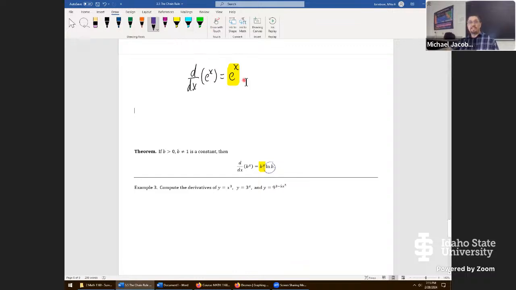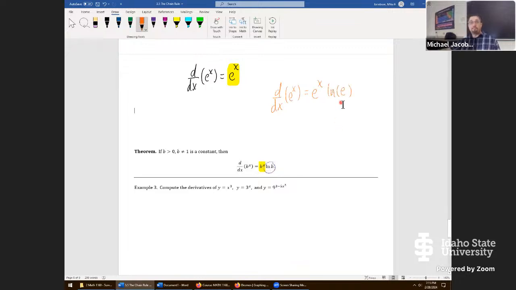Why did we never have to do that here? In a certain sense, we kind of did. If we use this formula again, the base e exponential, here's what it looks like. Derivative with respect to x of e to the power of x. Now, thinking in these terms would be e to the power of x multiplied by the natural log of the base e.